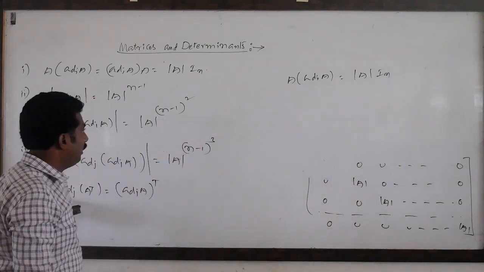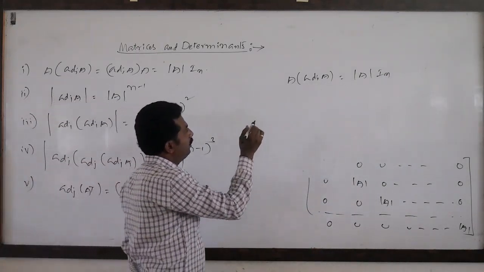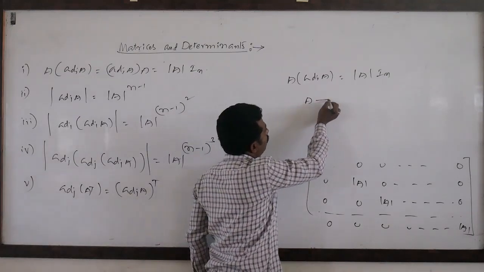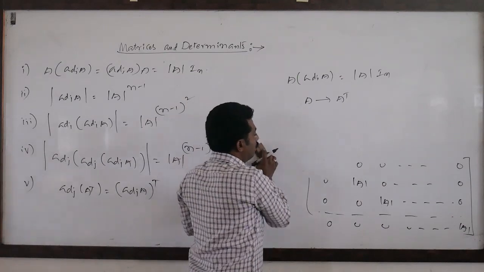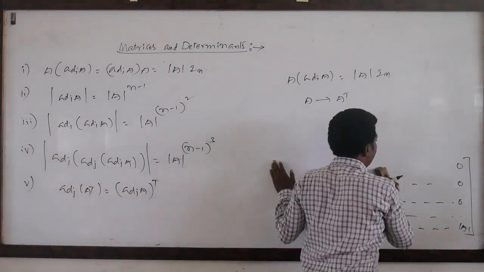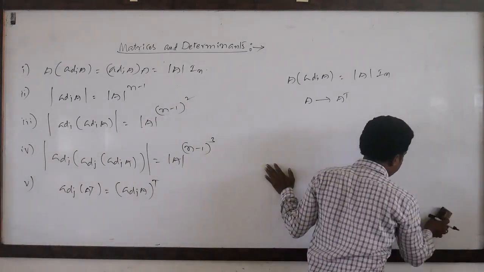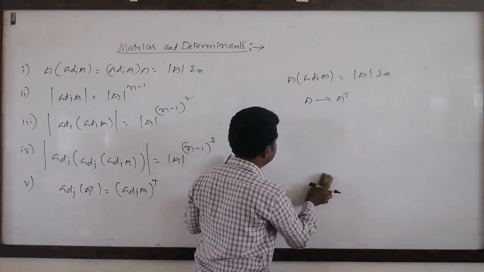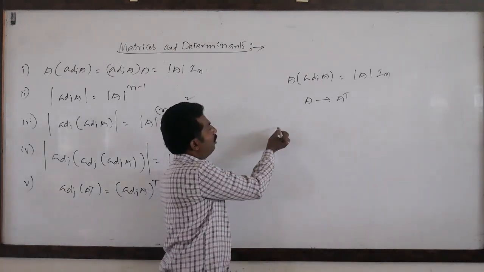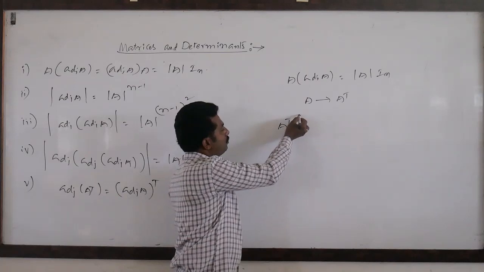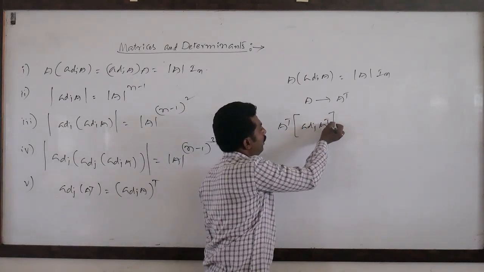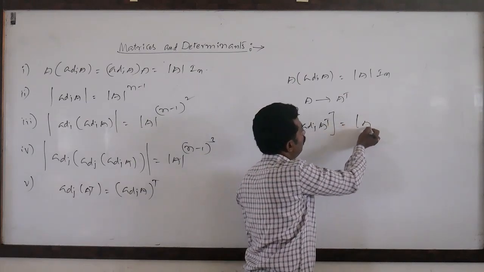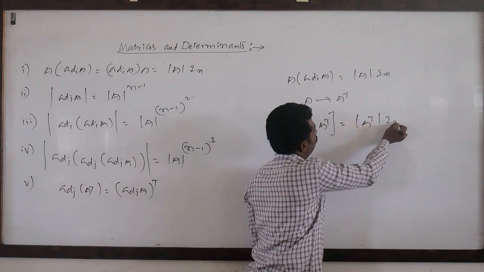Wherever A is there, in that place we replace A transpose. So if I replace A transpose, what we got: A transpose into adjoint of A transpose, determinant of A transpose equal to In.